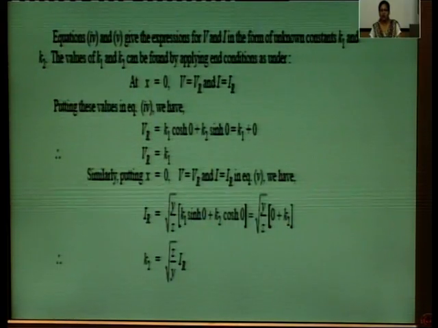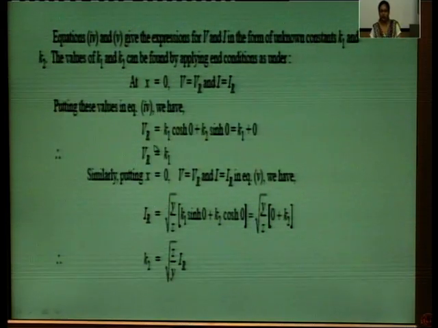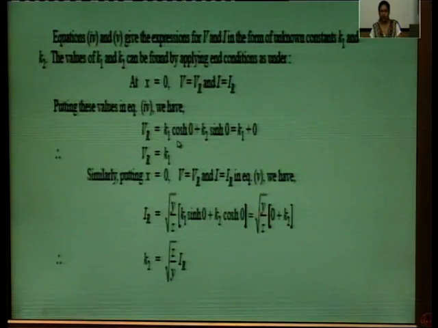So, putting these values in the equation of V, we will get V, which is VR, equal to k1 times cosh of 0 plus k2 times sinh of 0. So, this becomes k1 plus 0 equal to k1. So, the receiving end voltage VR comes equal to k1.